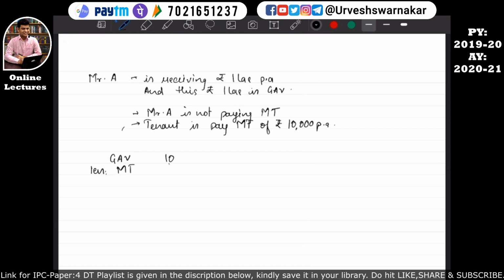So that means 1 lakh minus municipal taxes, that will become 0, and finally our NAV will become 1 lakh.